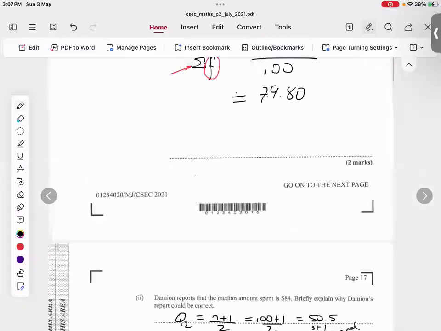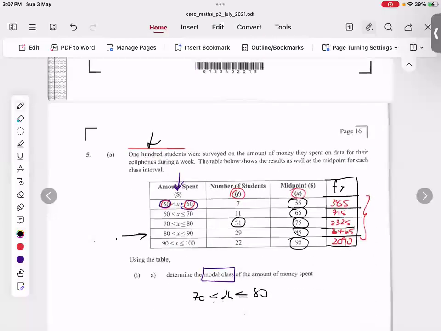So let's go back to our frequency here. 7 plus 11 is how much? Work with me, guys. We want to add until we reach 50. 18. Add 31 to that. 49. So up to this point, we have 49 people recorded, which means the 50th, 51st, and everything after would fall into this class.